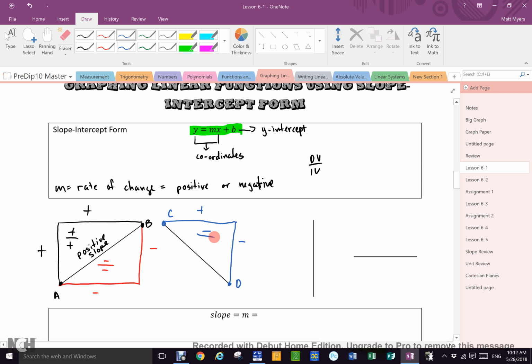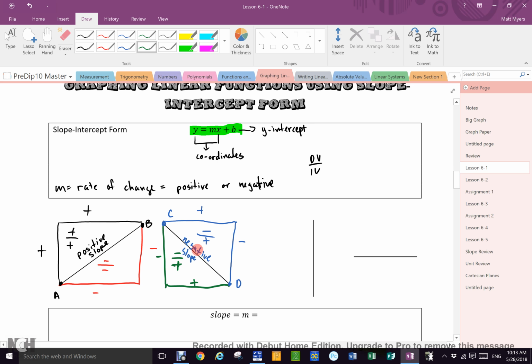That gets me what? A negative slope. Mr. Myers, what if we go the other way? Okay. Down is what direction? Negative. Right is what direction? So I have a negative divided by a positive, which still gets me a negative slope.